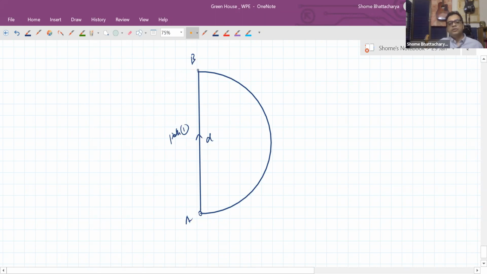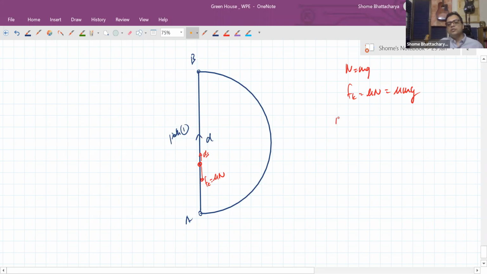So as you're moving from A to B, at any point when you are in between like this, your displacement will be in this direction, and your kinetic friction, which will be mu N, will be in this direction. Its magnitude is mu mg.